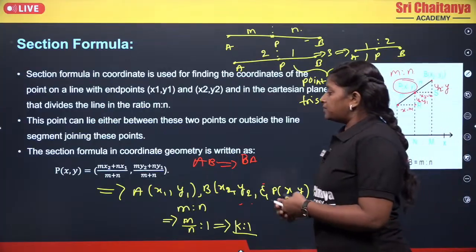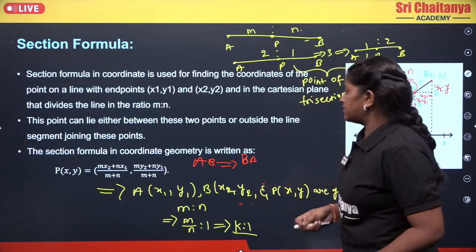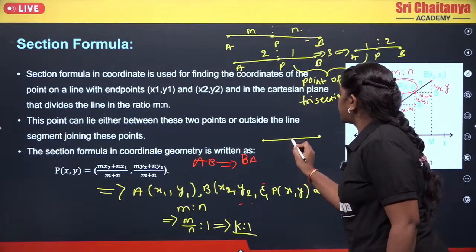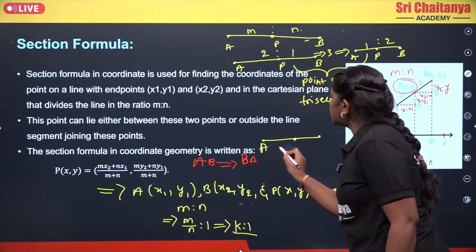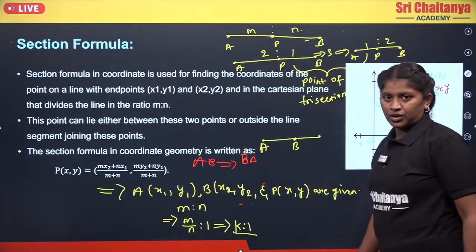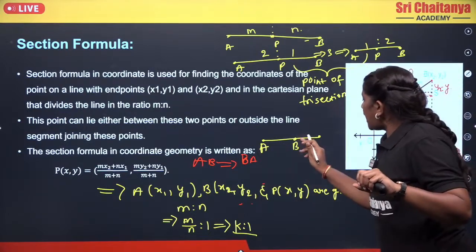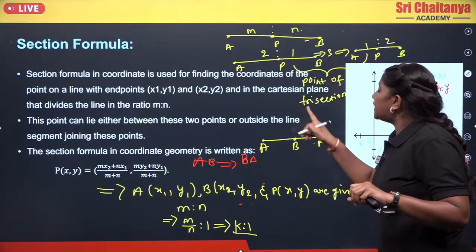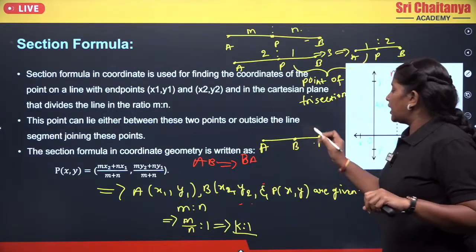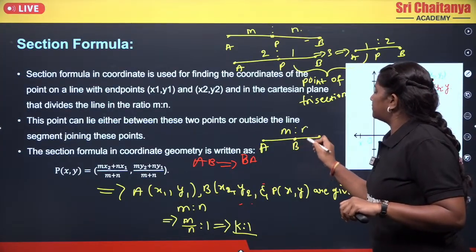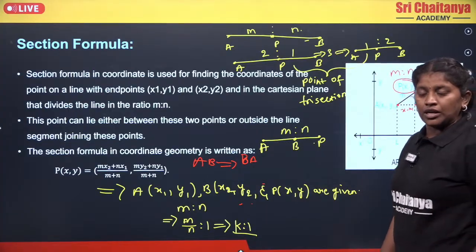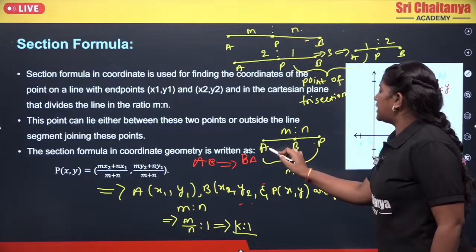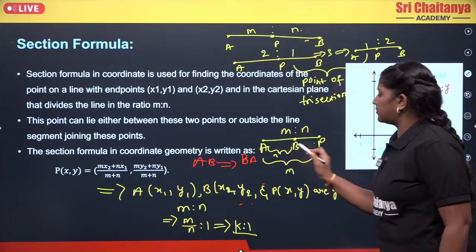Now coming to another case. Here the point is not in between A and B. Suppose here it is A and here it is B, but we have a point outside of AB and it is dividing our line segment AB in the ratio of m:n. Understood everyone? So it means the complete part will be your m, and here the AB part will become your n.